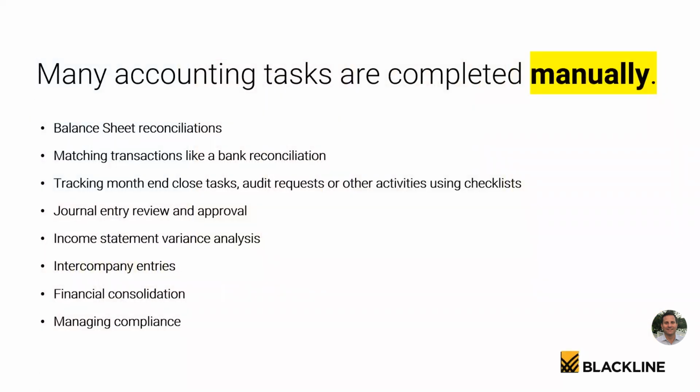So let's talk a little bit about why accounting automation software is needed. For many accounting teams, most tasks are done manually in Excel today. These are things like reconciling bank statements and balance sheet reconciliations, or creating accrual and amortization schedules. Excel is a great tool and helps to complete these tasks, but even with all its great features, it still has limitations.